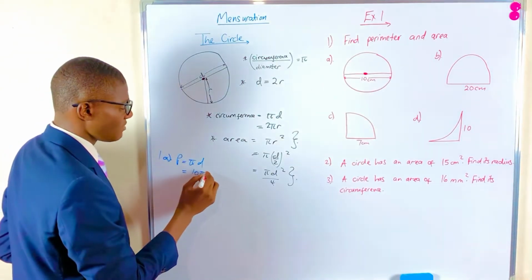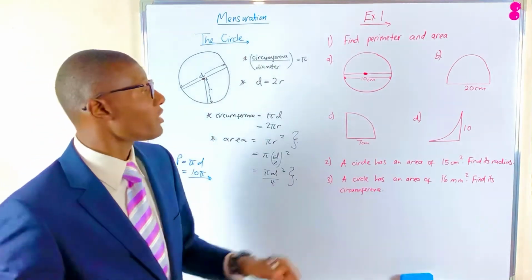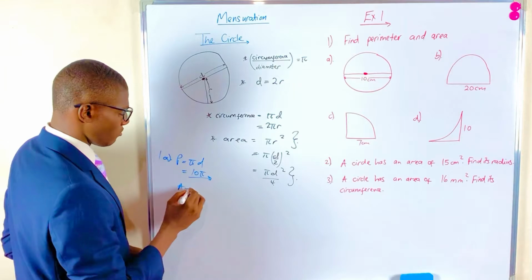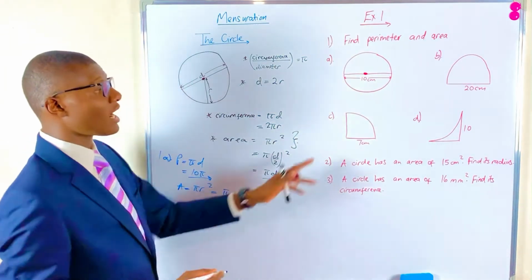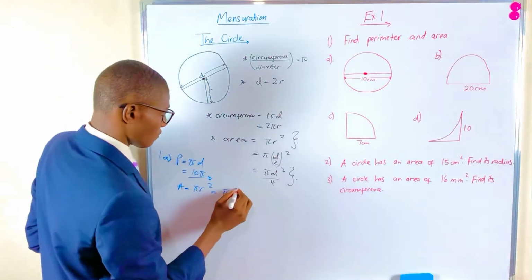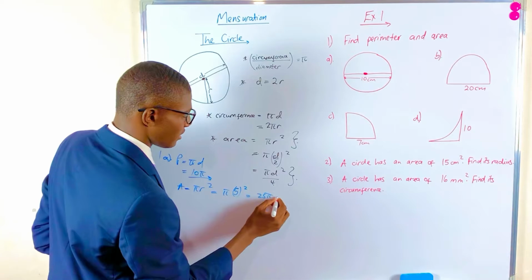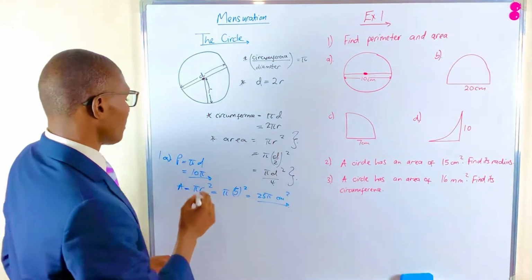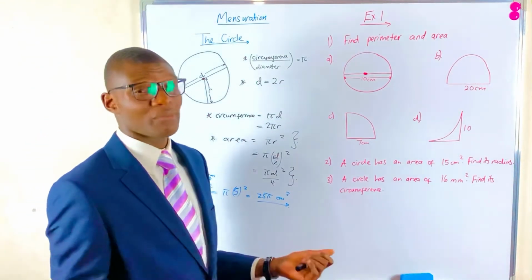So 10 centimeters times pi, that would be the perimeter. And of course the area would be pi r squared, r being half of 10. So 5 squared, which is 25 pi square centimeters. This would be the area, and then 10 pi centimeters will be the perimeter.